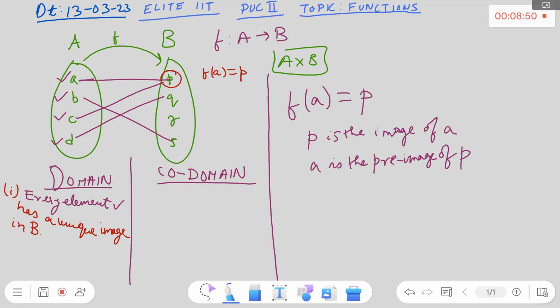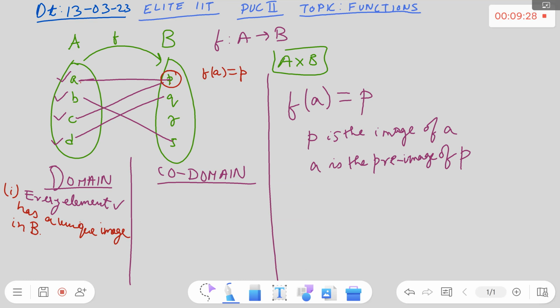A has only one image, that is P. But P can have more than one pre-image. All of A, B, C, D can have the image P, but each of them can have only one image. P is the unique image of A.